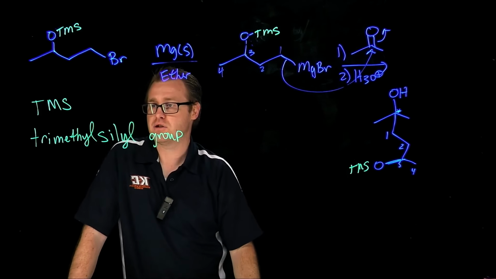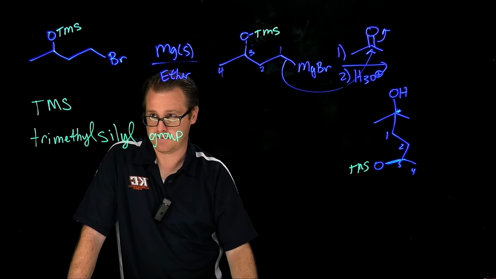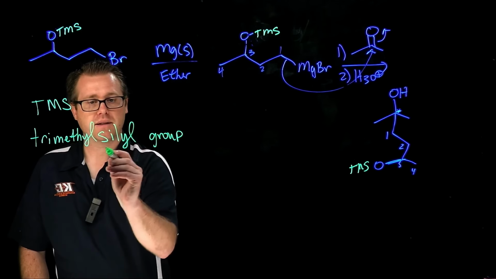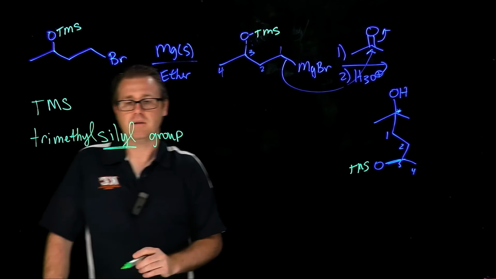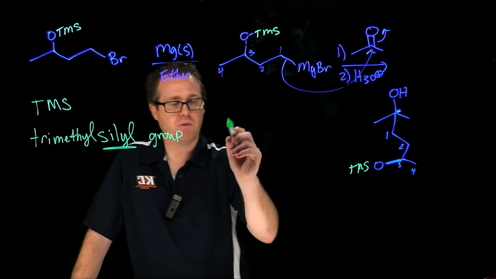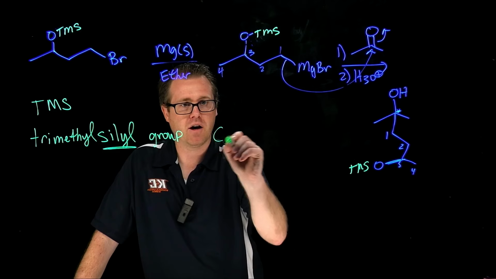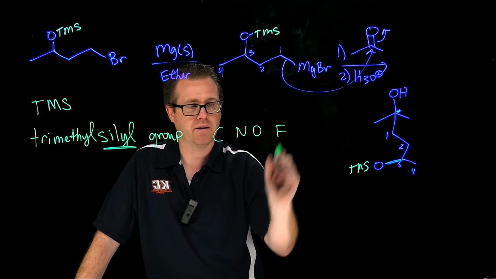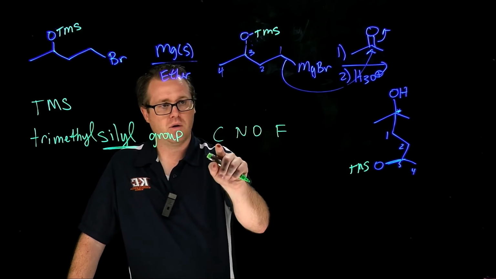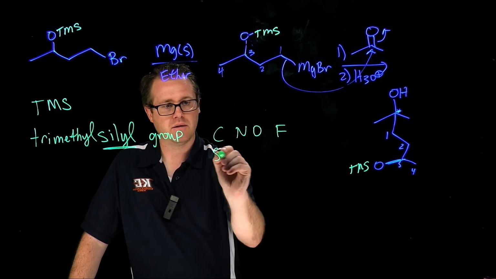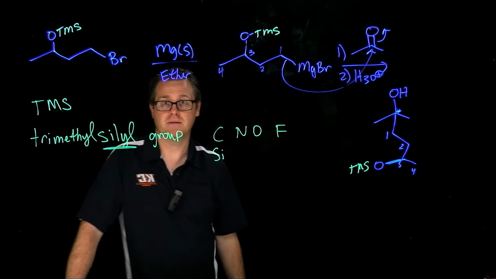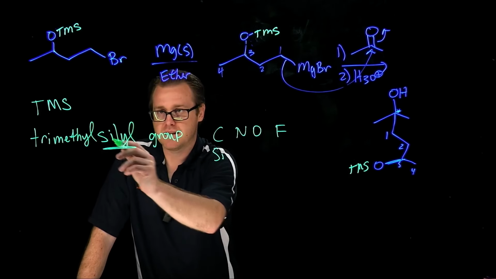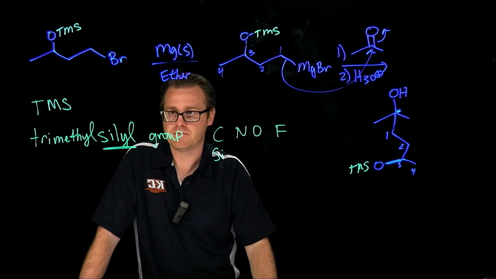Now, what does the trimethylsilyl group look like? Well, this sil right there, remember, when we look at the periodic table, we have carbon, nitrogen, oxygen, fluorine, right? What's below carbon? Our silicon. And so that's the sil right there.